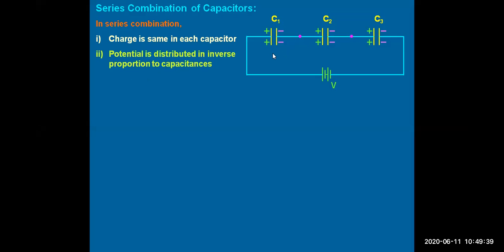That's why we write it as V1, V2 and V3. But charge, everywhere you write it as Q, Q and Q. So in series combination, charge will be same on each capacitor and potential will be distributed. So you can see in the diagram, Q is common, potential is written as V1, V2 and V3.